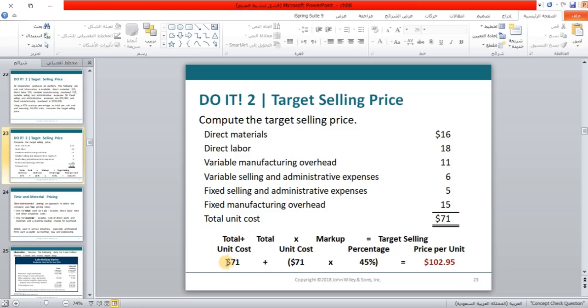Total unit cost 71 plus markup, 71 times 45%. The selling price per unit equals $102.95.